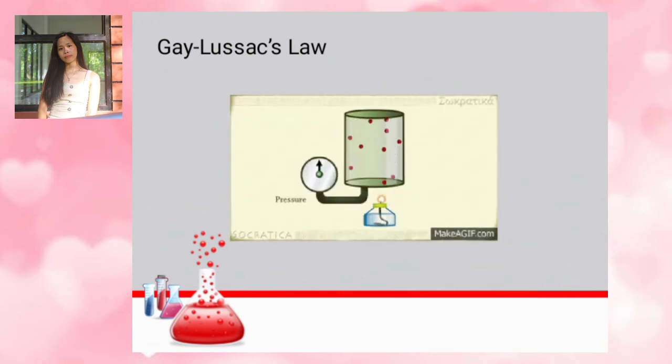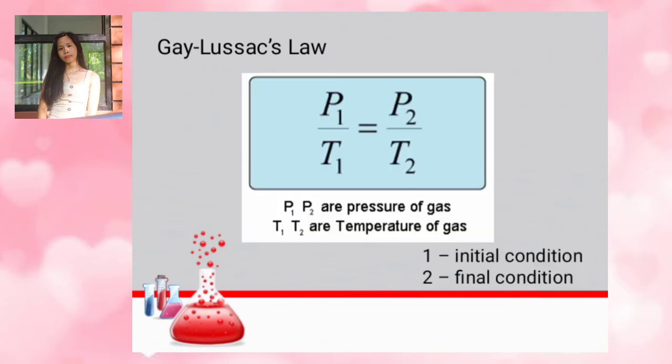This is the example of Gay-Lussac's law. Ganon. The equation is P1 over T1 equals P2 over T2. Ganon pa rin, yung P1 and P2 natin are the pressure of gas. The T1, T2 are the temperature of gas. One is initial condition, two is final condition.